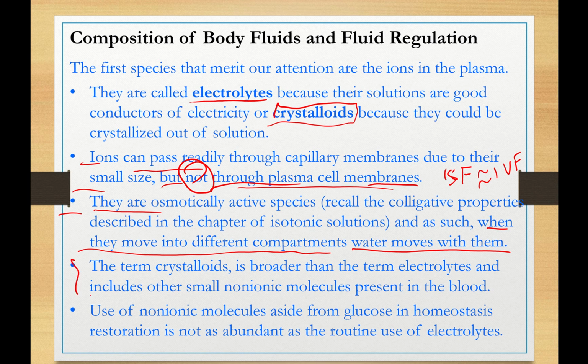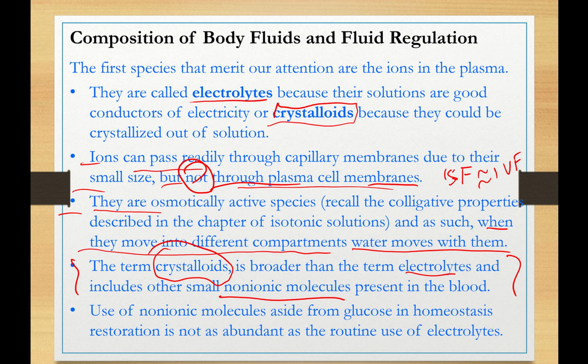Now, we have already discussed the term crystalloids. It's broader and it's actually an unfortunate term, I believe, but it is there and you need to be familiar with what crystalloids are. In addition to electrolytes, it also includes other low molecular weight compounds like dextrose here, okay?